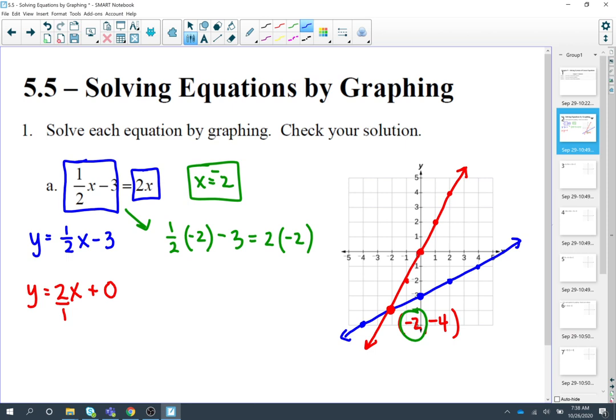So 1/2 times -2 is -1, minus 3. Should be 2 times -2 is -4. So -1 minus 3 is -4, and -4 equals -4. So the solution to this equation is x equals -2. And in this case, because it's just an equation, again, we only need the x value. What does x equal?